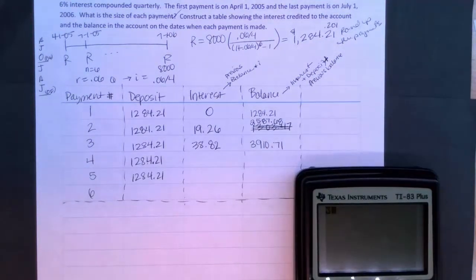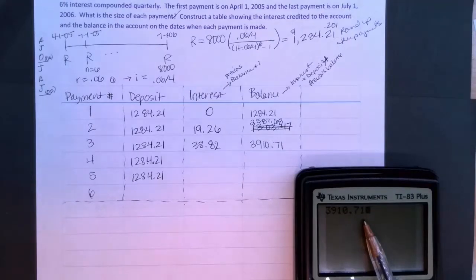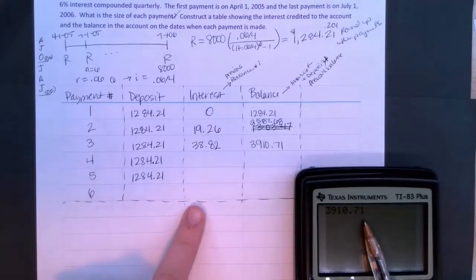Okay, so now we're going to take 3,910.71. So notice here I'm starting with my previous balance as is. I'm not going to keep rounding, because if I use that decimal from before, it's going to mess up this number, especially if my numbers are really big. Okay, because you're going to be thrown off by dollars or hundreds of dollars, so you want to be as precise as you can be here.